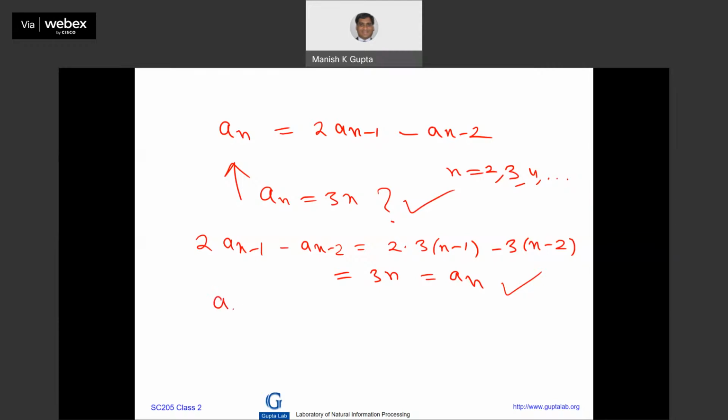Now I want to check whether a_n is equal to 2 raised to power n is a solution or not. Can you tell me if it is a solution? Just substitute and check.